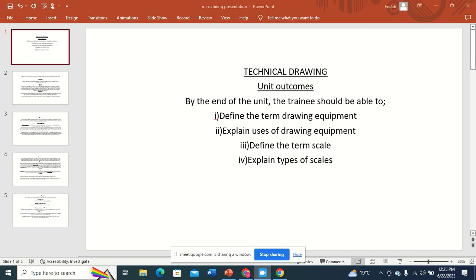So we have looked at some of the drawing instruments. So let us look at uses of drawing equipment. Who can give us a name and then the use?